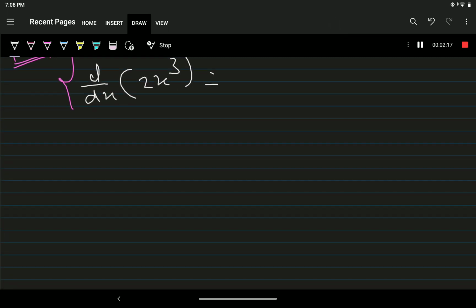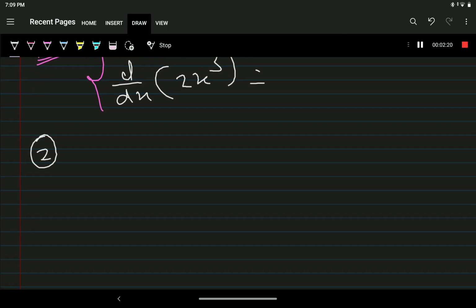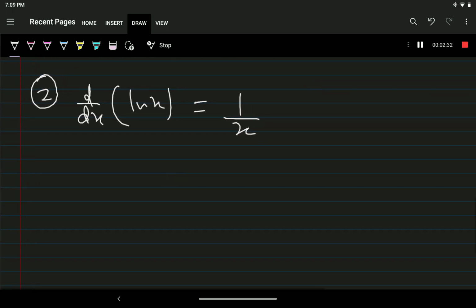Next is d/dx of ln x. This is 1 by x. This is a formula which you must learn.